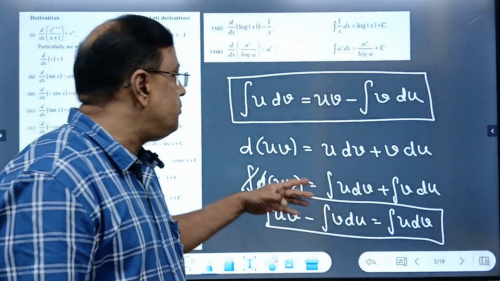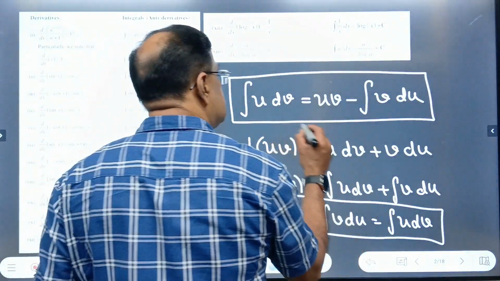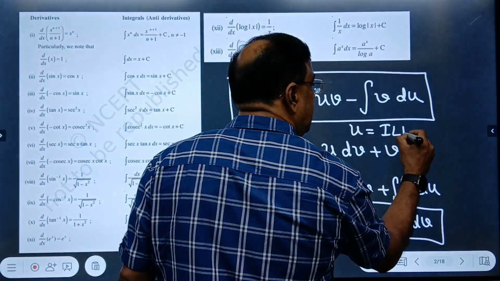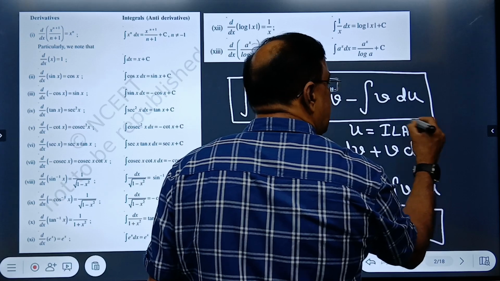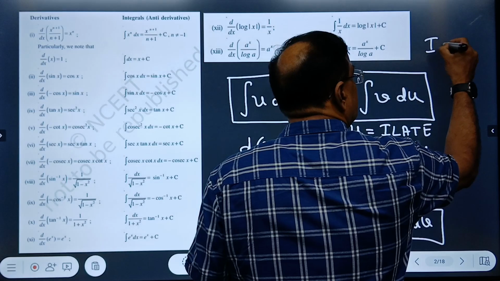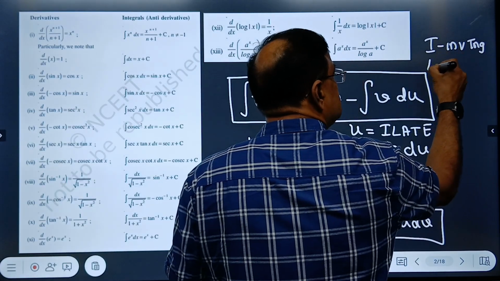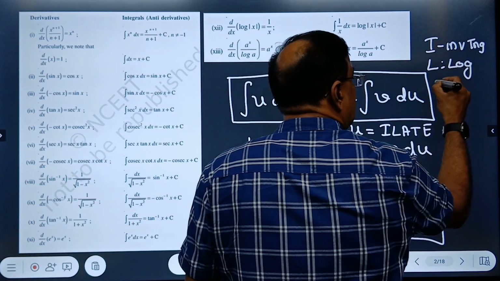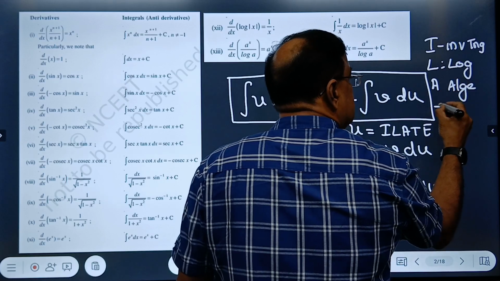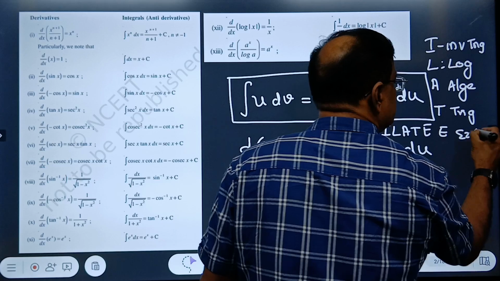Now in every problem you have to choose u and you have to choose dv. Now u is chosen based on this order called ILATE, I-L-A-T-E, where I stands for inverse trigonometric function, L stands for logarithmic function, A stands for algebraic function, T stands for trigonometric function, and finally E stands for exponential functions.